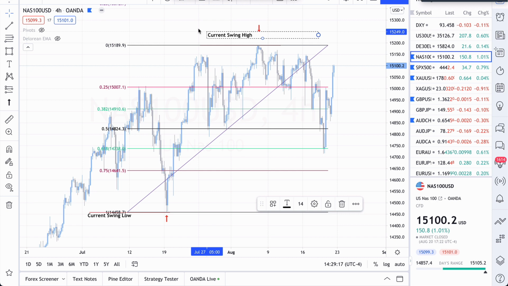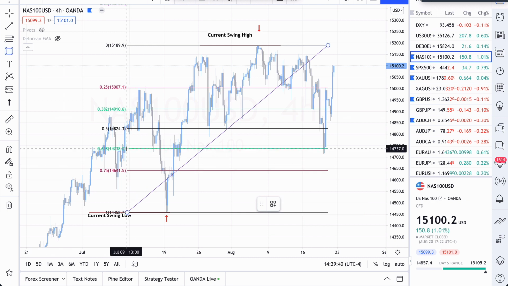But in most cases, the sweet spot to take a retracement is 50 to 61.8%. Ladies and gentlemen, 50 is the 0.5, 61.8 is the 0.618.